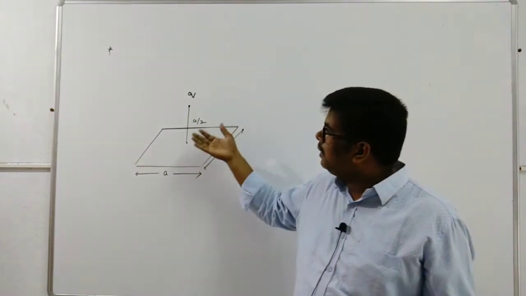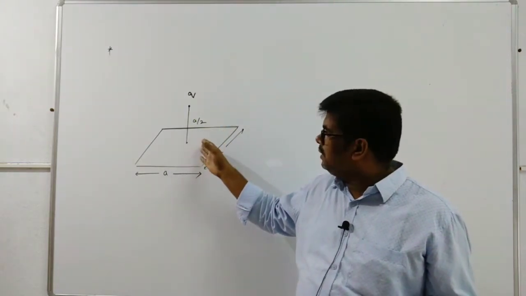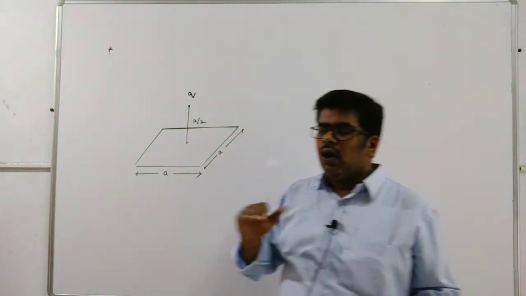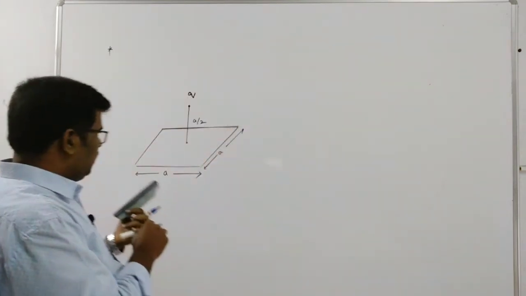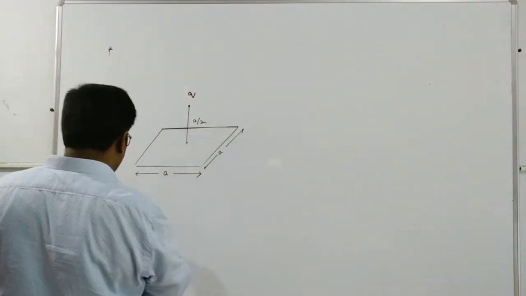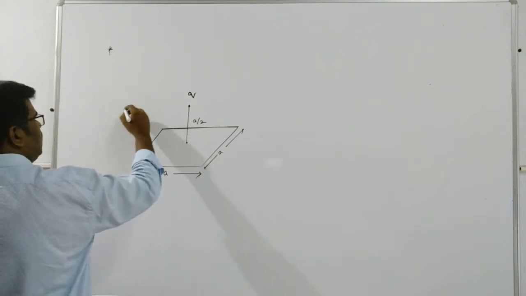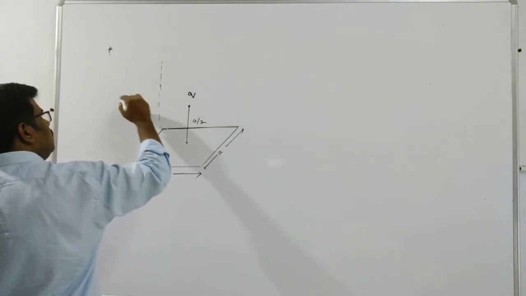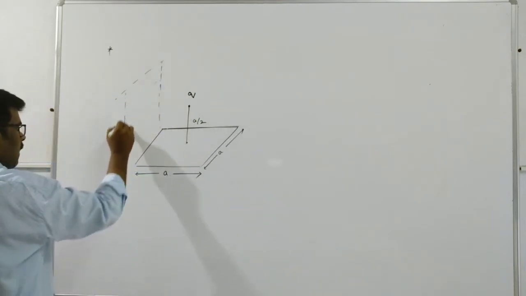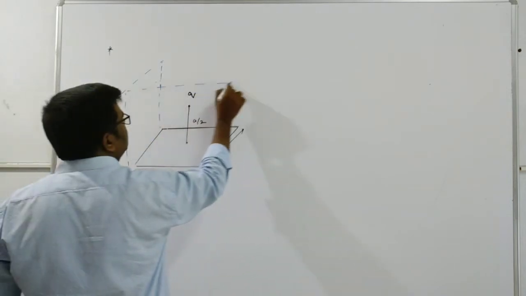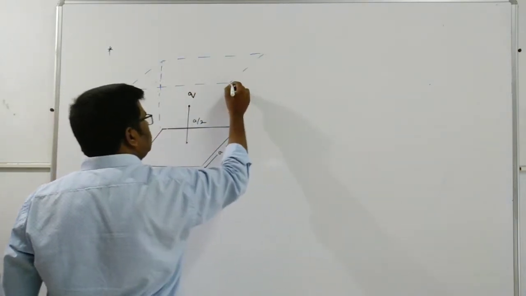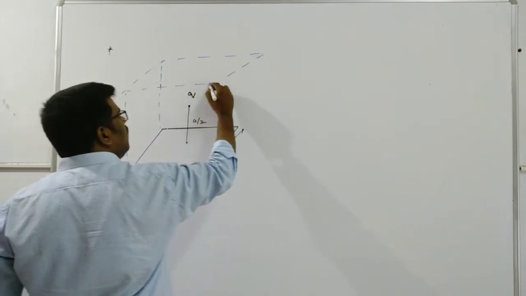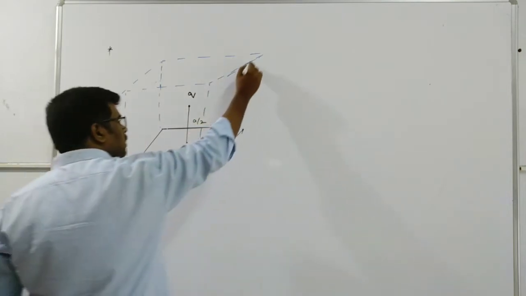So how many other faces or planes are required to enclose this charge? You have to know it. Those are like this, you can understand. You can observe that this is one, this is another one, this is another one.